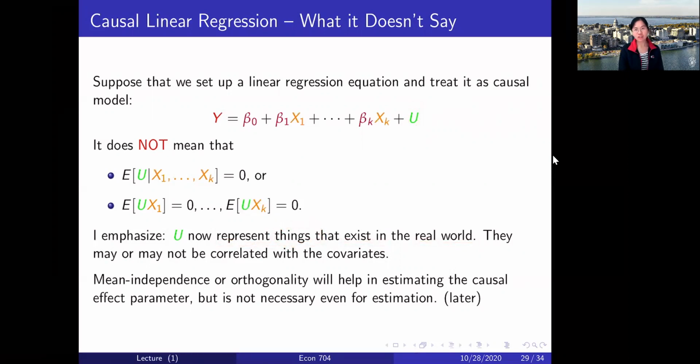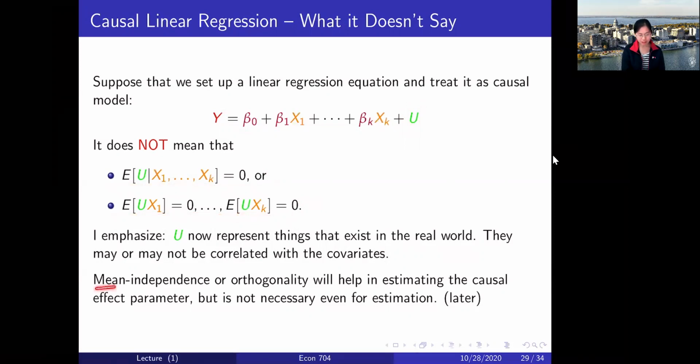And therefore, when you treat this linear regression equation as a causal equation, U has real world meaning, and it does not necessarily satisfy either mean independence or zero correlation. So in a causal equation, these two mathematical relationships between U and X are not necessarily satisfied.